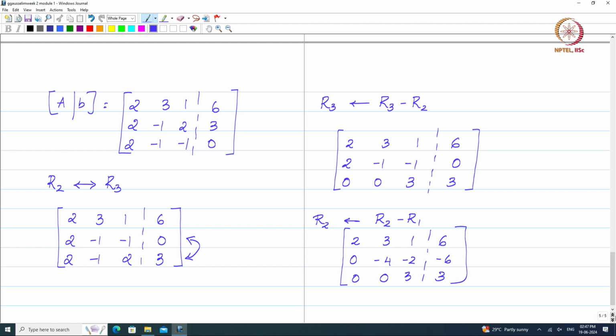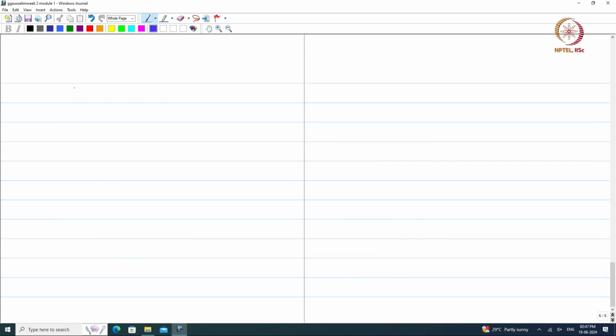Let us replace R3 with R3 divided by 3. So, 2 3 1 6, 0 minus 4 minus 2 minus 6, and the last row 0 0 1 1.